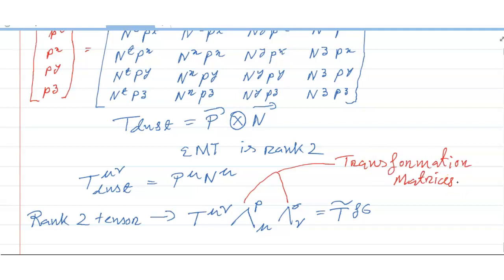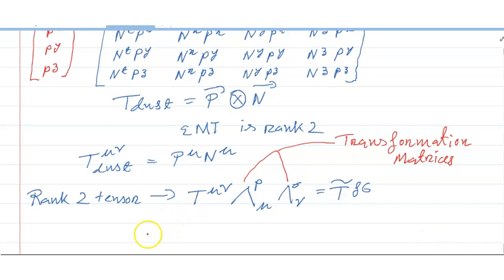One for each index. When we change coordinates, one matrix changes the components of the momentum vector. The other matrix changes the space-time orientation of the unit box we use to compute momentum density. The energy momentum tensor itself is invariant.